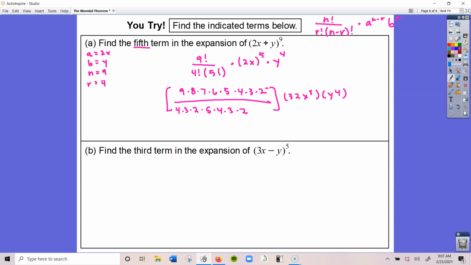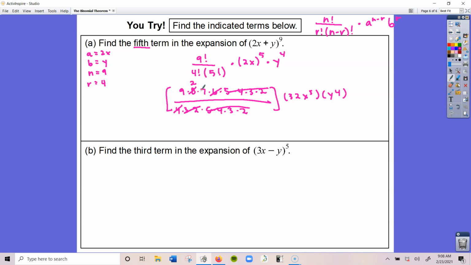Here I can cancel 5, 4, 3, 2. 3 times 2 here is 6, so I can cancel that as well. And anything else I can simplify, I do. So like here I have an 8 over 4, which 8 divided by 4 is 2.